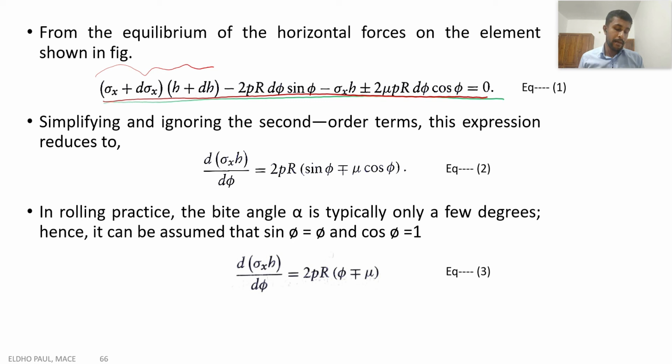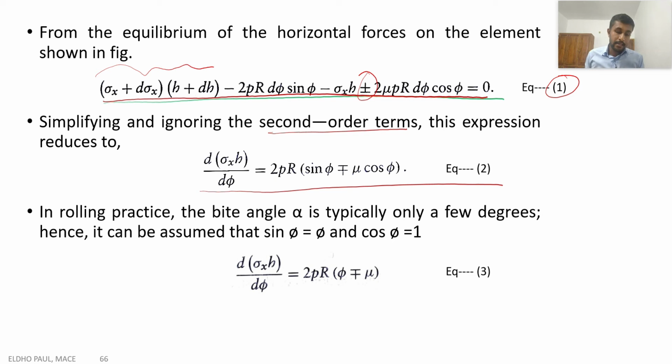When they multiply, the value is reduced further, so we can assume it as 0. So we neglect all the second order terms and simplify equation number 1, and this is the simplified form of equation number 1. Here we use plus or minus: the equation with the plus sign is applicable in the entry zone, and the equation with the negative sign is used in the exit zone.